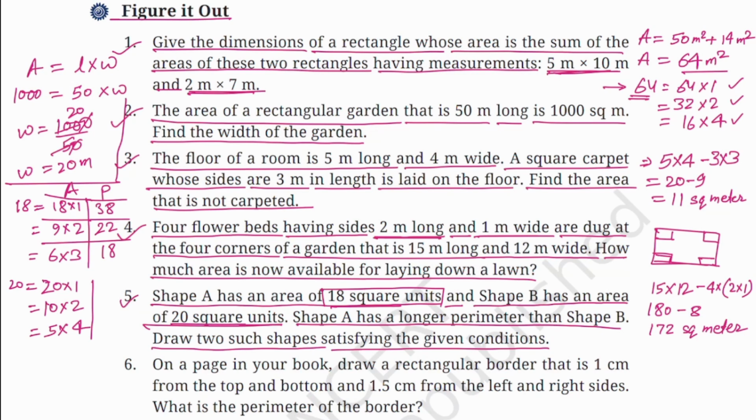Similarly, perimeter when length is 20 and width is 1, 20 plus 1, that is 21 into 2, 42. 10 plus 2 into 2, that is 24. 5 plus 4, 9 into 2, that is 18.